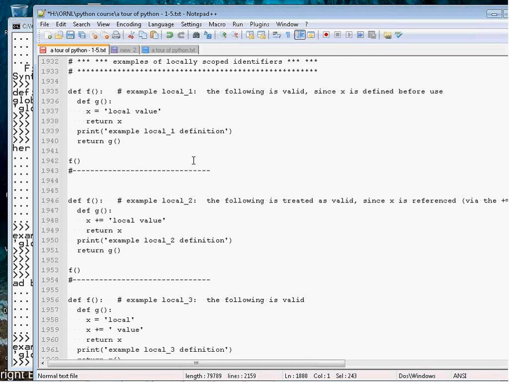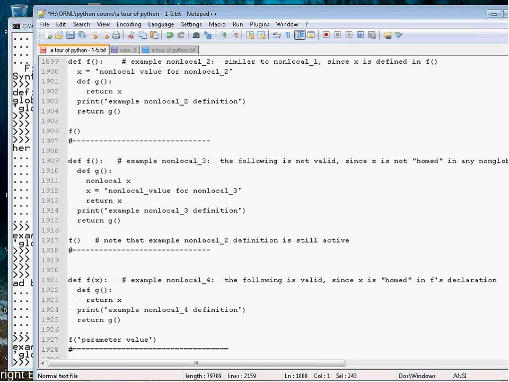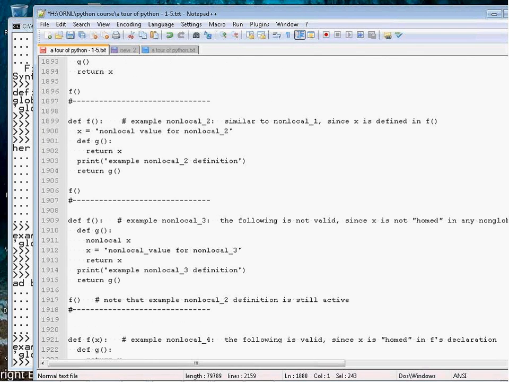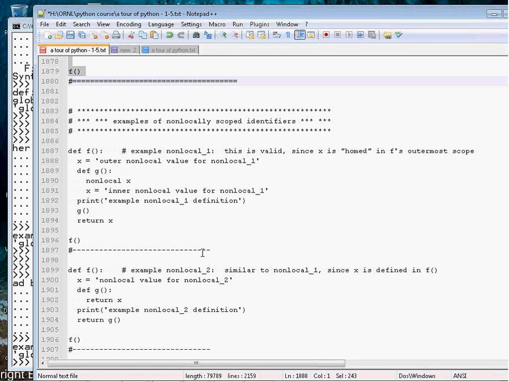I think one of the most important examples for the non-locals is the third one. So we'll go through one. The first, 1987, see if people understand it. 1999, see if people understand it. I hope it's reasonably self-explanatory.